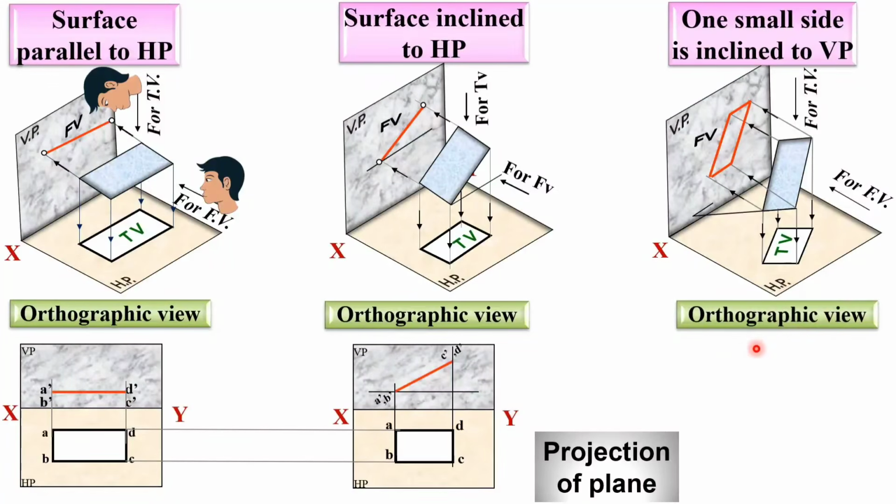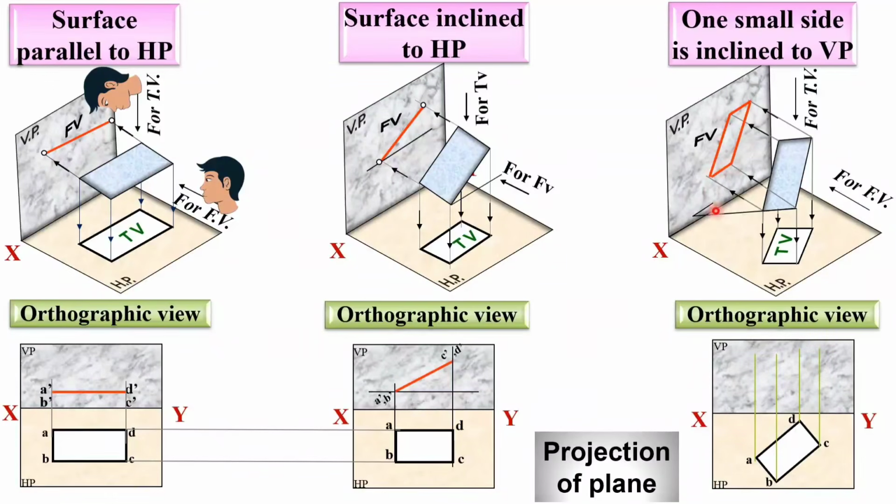Once again, for the orthographic view, the top view is below XY, and the shape is like this, and above XY there is the front view. So this is actually the simple method for the projection of plane.